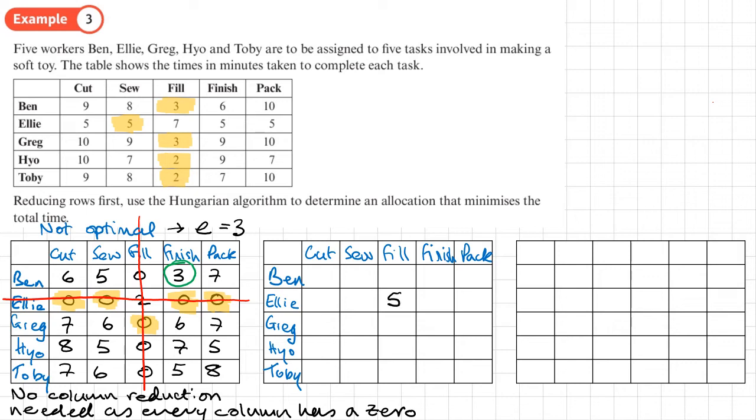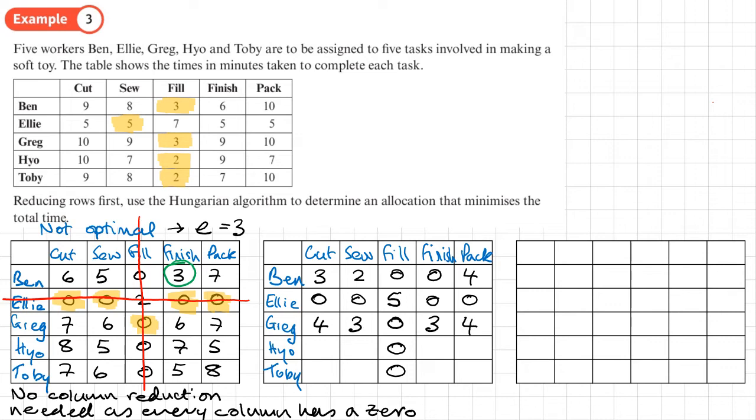These other ones, which are covered by 1 line, they remain unchanged. And then all of the other elements we subtract 3. So we will have 3, 2, 0, 4, if my subtractions are right. Then Greg and Cut take away 3 is 4, 3, 3, 4.